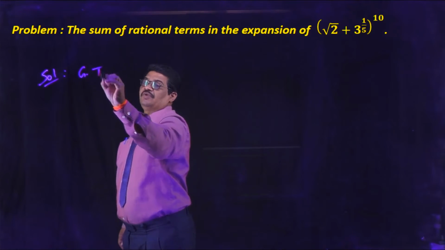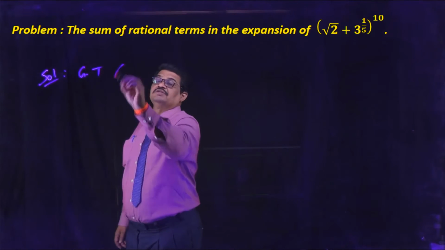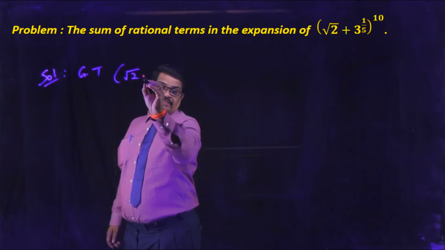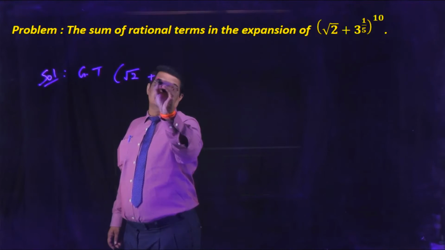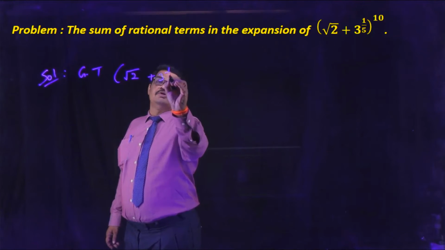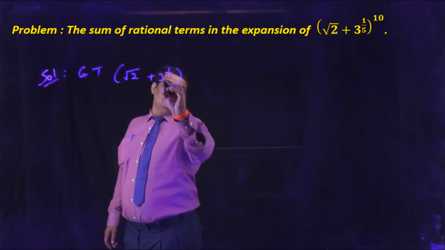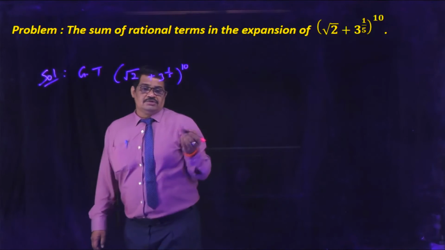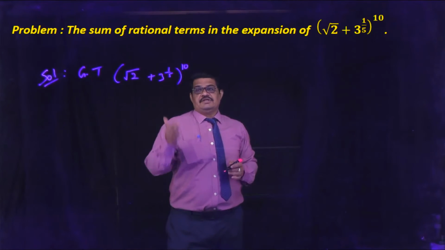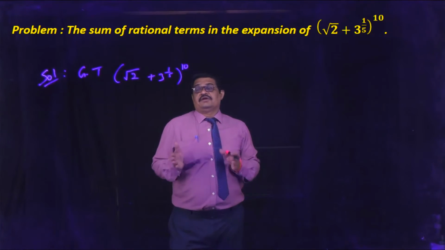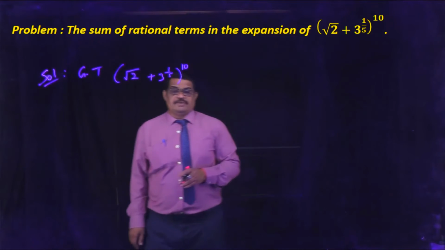What is the given expression here? That is (root 2 plus 3 to the power of 1 by 5) whole to the power of 10. So that is the given expression. Now we have to find the rational terms in that expansion.